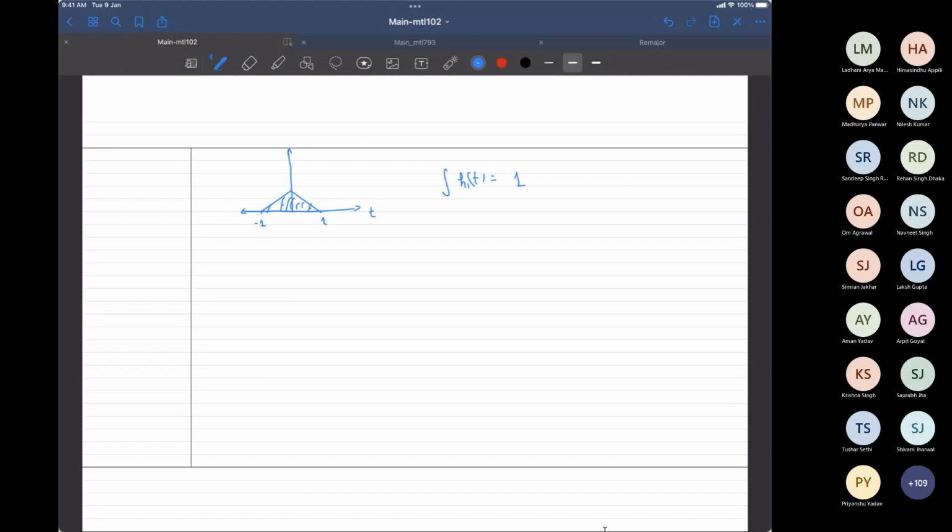Now I will modify this h1(t) to get h2(t). My h2(t) will be minus half, and this will be half. And here I will increase the height, such that the area is still 1.